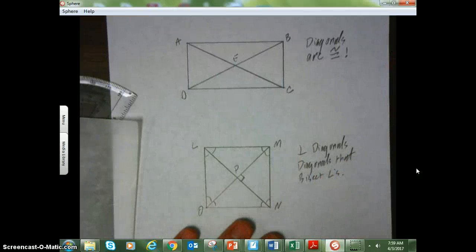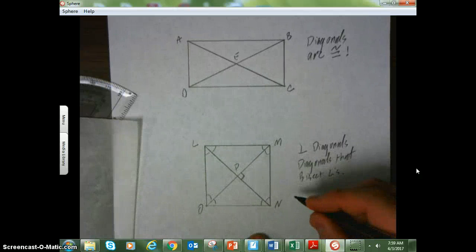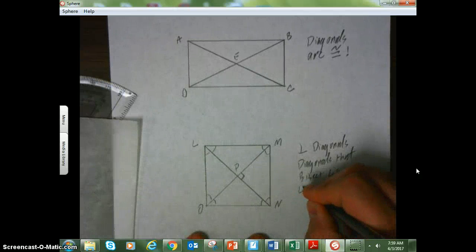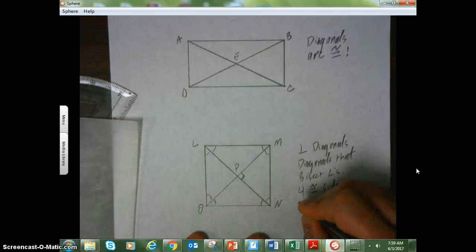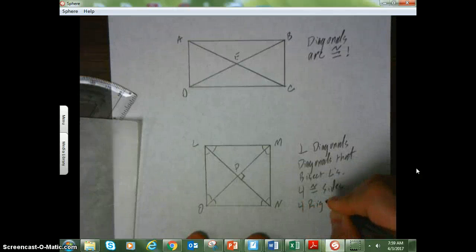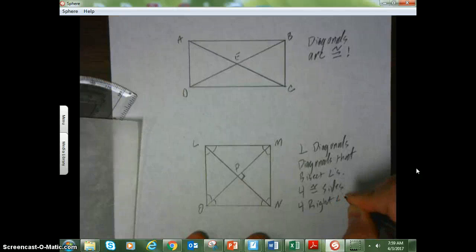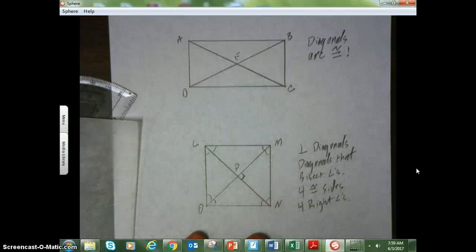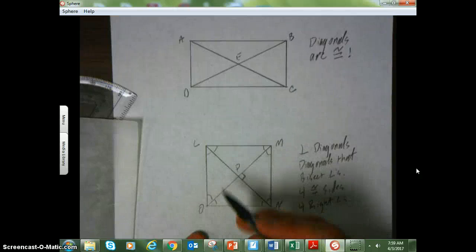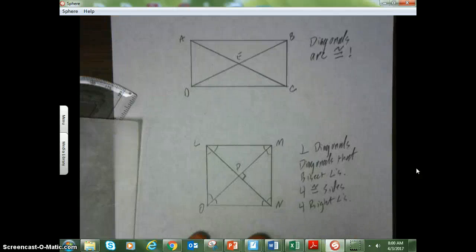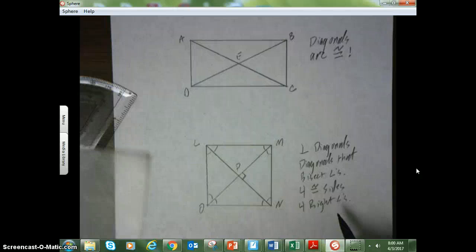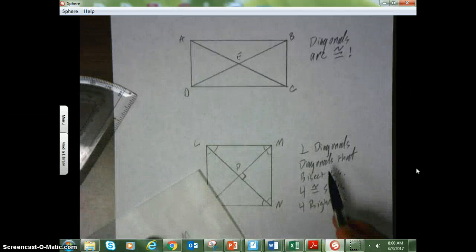It does have diagonals that bisect the interior angles, and it has four congruent sides, and it has four right angles, meaning specifically when I say the right angles, I mean the interior angles of the polygon, not anything formed by the diagonals.